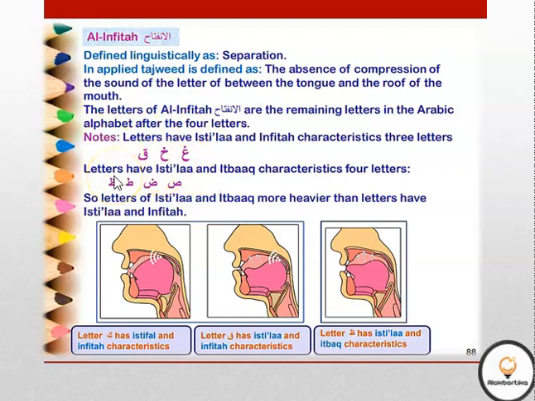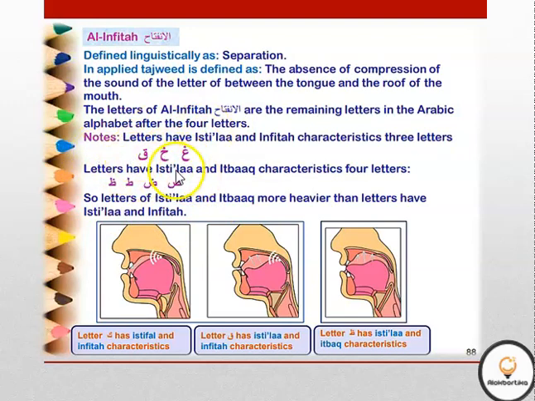Okay. And the letters that have isti'ala and itbaq characteristics are 4 letters. For this reason, for bearing both strong sifat, they are stronger than these 3 letters.